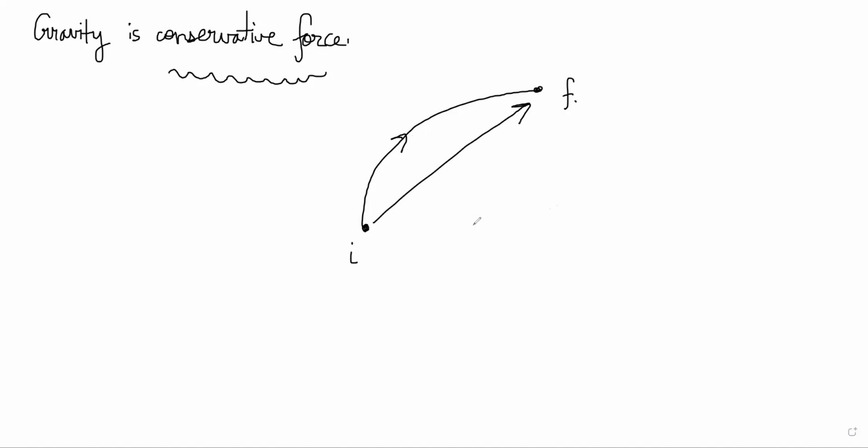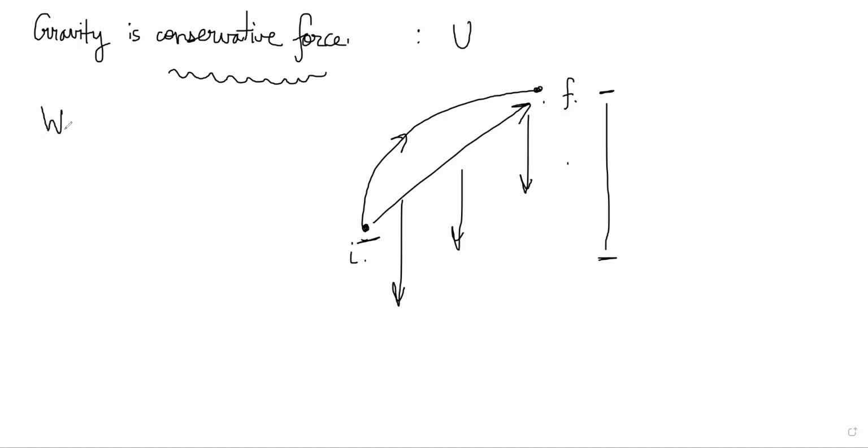Gravity is a conservative force means that if I take a body from this height to this height, the work done by gravity does not depend on how it went there. It only depends on the difference between the heights. For conservative forces, it was discussed in the work and energy chapter that you can define a quantity called potential energy, and work done by a conservative force is equal to negative of delta U for that force.